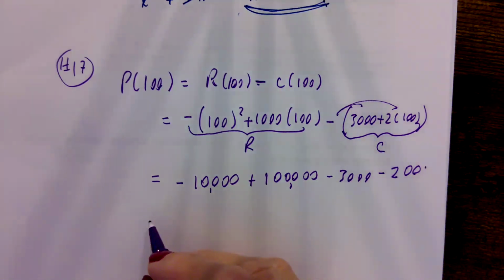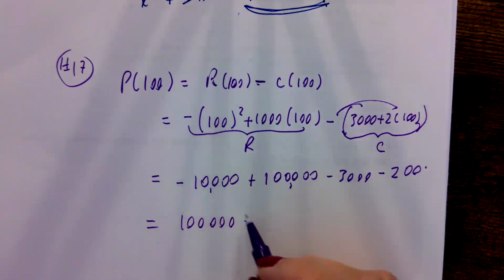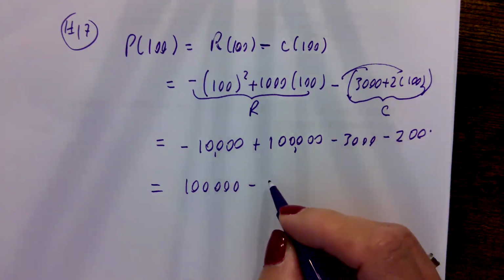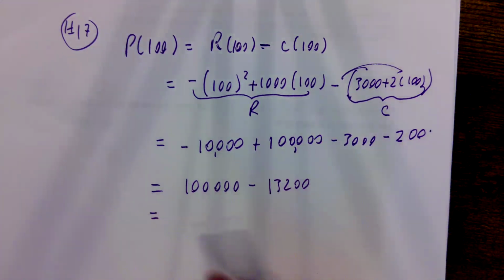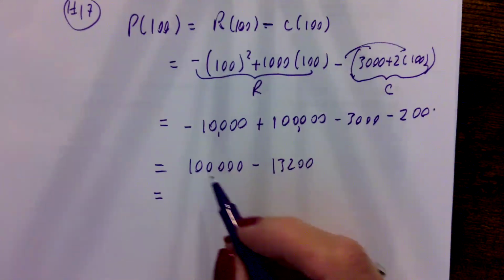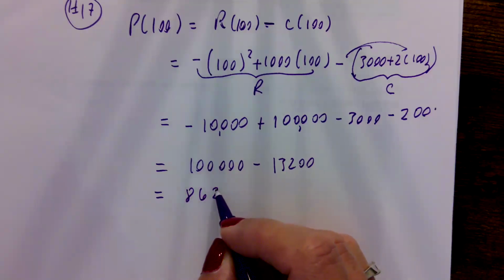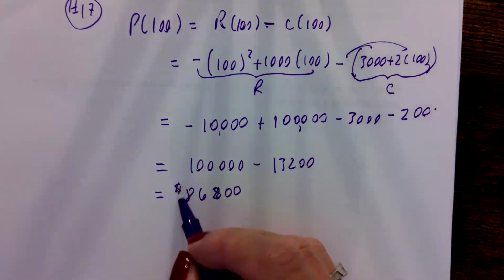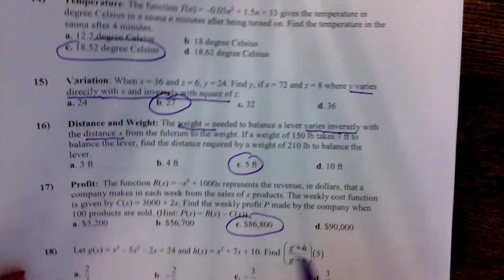So we have really 100,000, subtracting 10,000, subtracting 3,000, subtracting 200. So it's really subtracting 13,200. So if you take 100,000 and subtract 13,200, that would be 86,800. So that would be letter C.